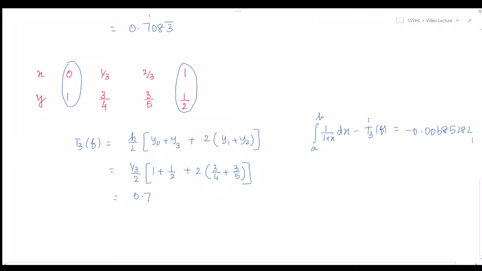So it is clear that as the number of intervals increases, the error will decrease. Now let us try to arrive at the general formula for the error function.